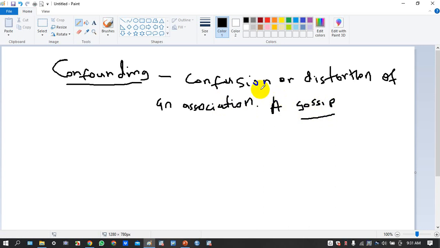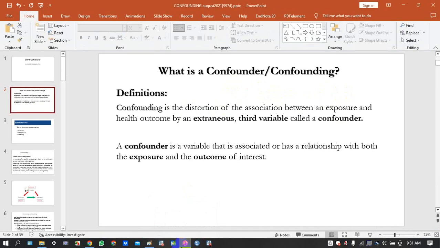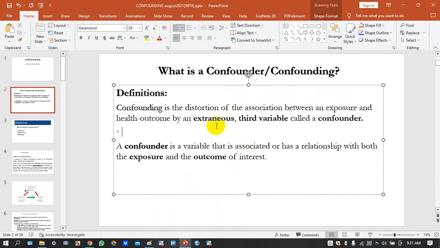A gossip brings confusion and distortion of association or friendship. So let's zero in. Confounding is the distortion of the association between an exposure and a health outcome by an extraneous, or outside, or a third party or a third variable.